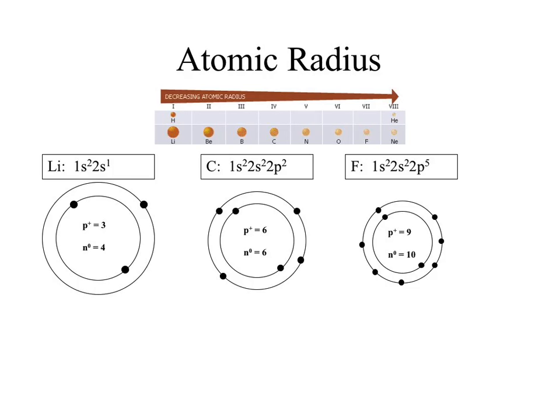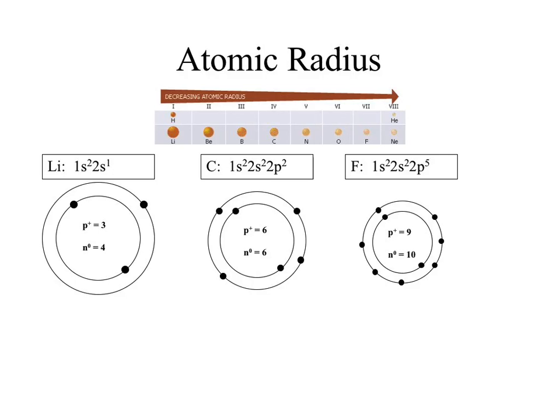But as you go across the row, you add more protons. Protons attract the electrons. So lithium has 3 protons. Carbon has 6 protons. It also has 6 electrons, but because it has 6 protons, all of the electrons are more attracted to that center than they were in lithium. So all of these electrons basically scrunch up. The first energy level gets closer, which means the second energy level gets closer.